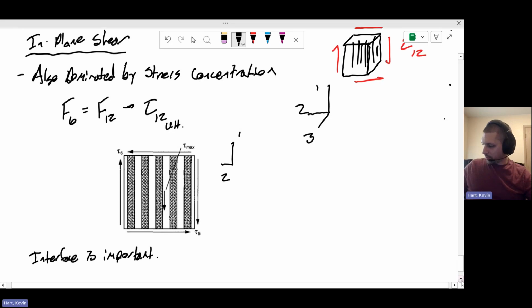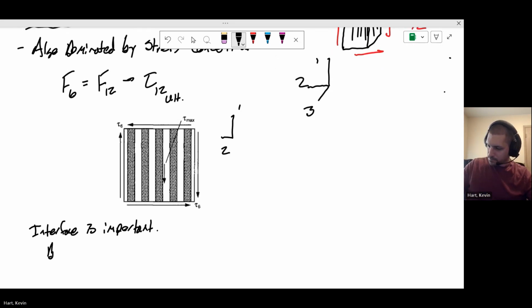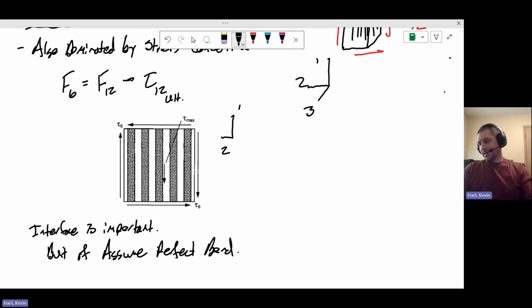But if you assume a perfect bond, then again, it's governed by shear properties of the matrix and stress concentration factors. So in this case, it's going to look a lot like your transverse compression and transverse tension.